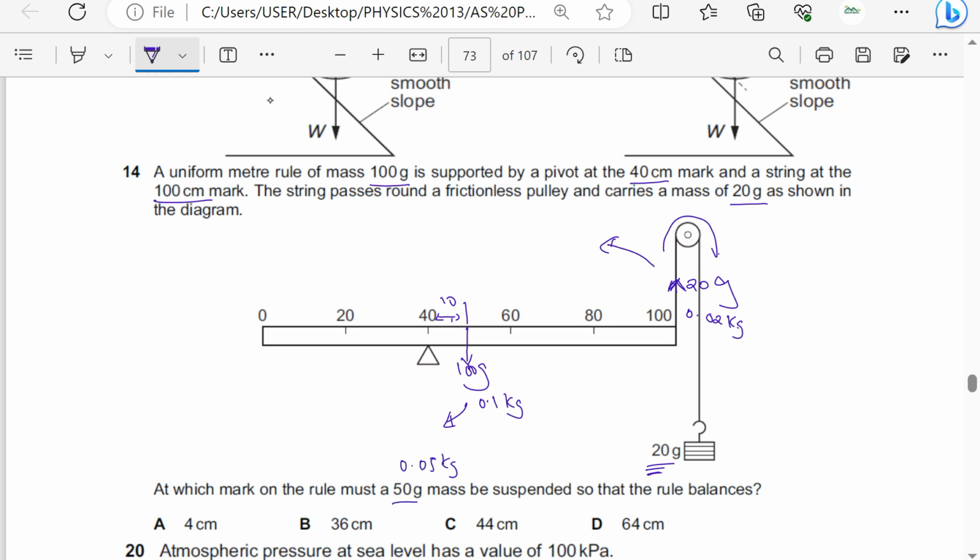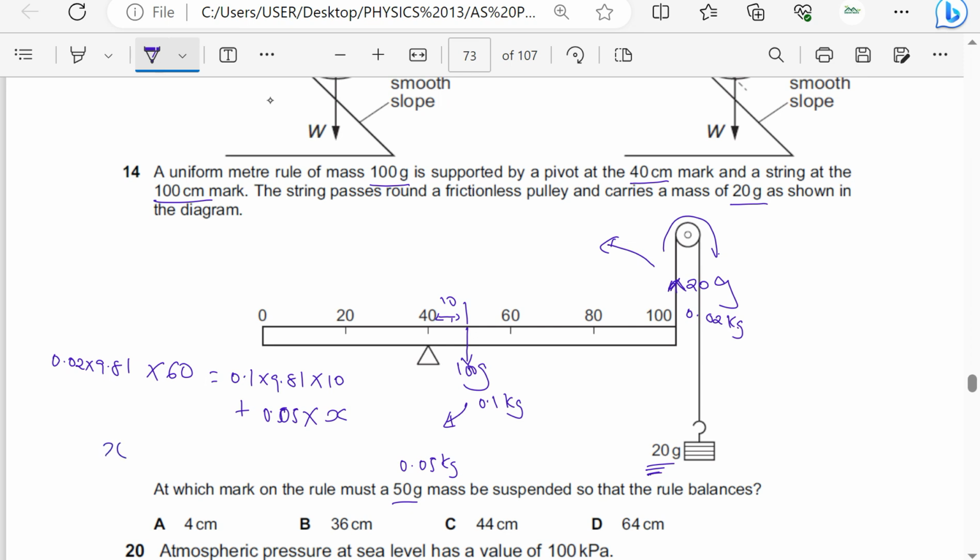So I'm taking moments about the pivot. I would have 0.02 times 9.81, that is the force, times the perpendicular distance, which I will not change, 60 centimeters. This should be equal to 0.1 kilograms times 9.81, perpendicular distance 10 centimeters, plus 0.05 times 9.81, with perpendicular distance not known. I will call it x.